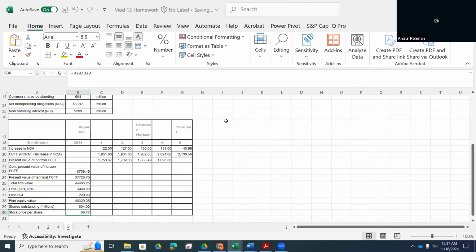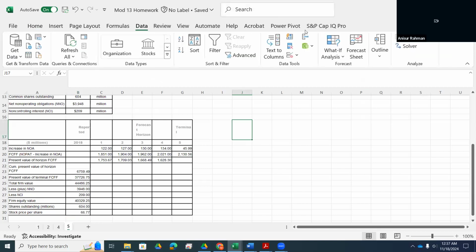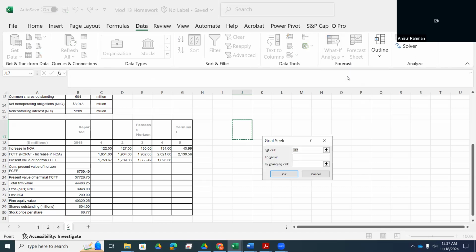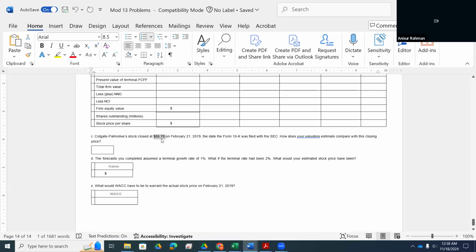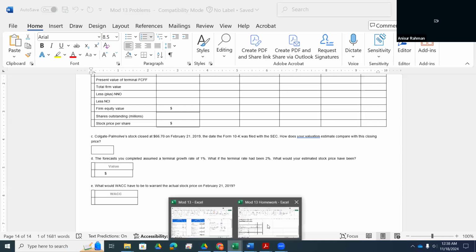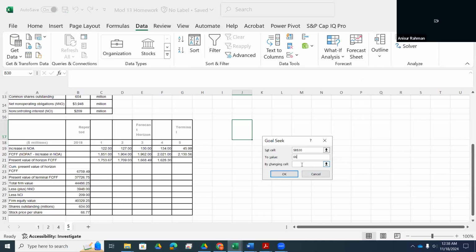But we can also use a tool available in Excel. For example, go to data, what-if analysis, goal seek. And then it says set cell. So I want this cell equal to how much? 66.7. So I'll write down 66.7.